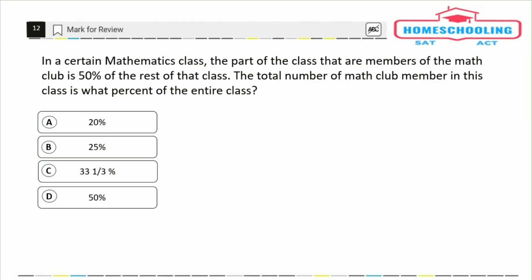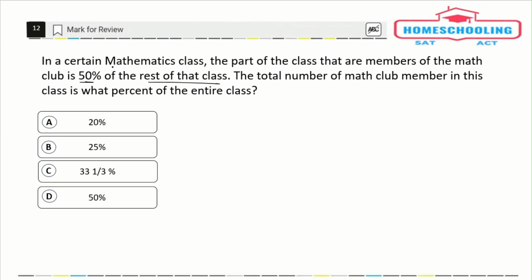Now moving to the next question. This one is a tricky one. In a certain mathematics class, the part of the class that are members of the maths club is 50% of the rest of the class.